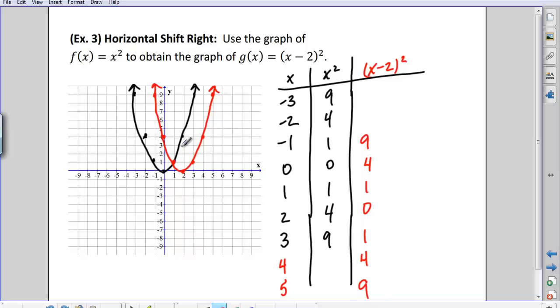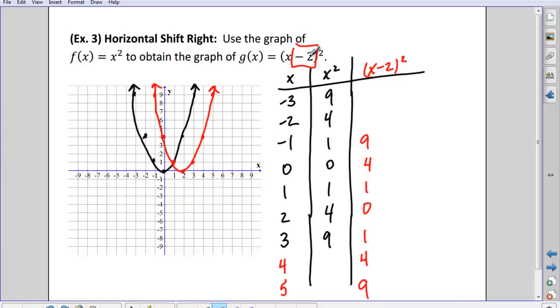And so just notice the connection here. I had a minus 2 there. It's not quite as intuitive as we'd like. You know, for the vertical shift, plus went up, minus went down. If we went plus 3, it went up 3. Here, if we do x minus 2, it actually goes to the right, so it moves it to the right. So it's a little counterintuitive.